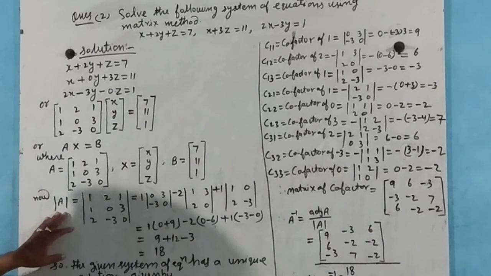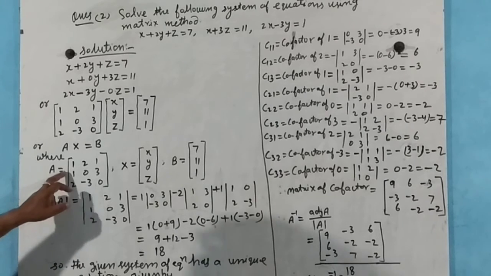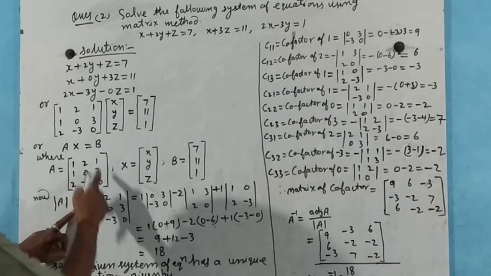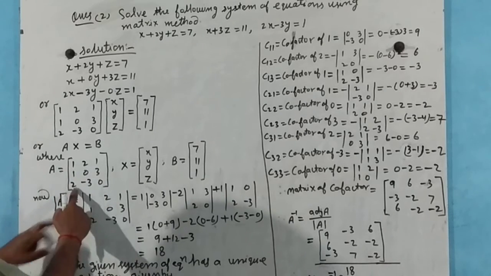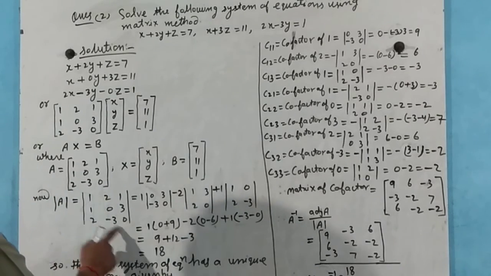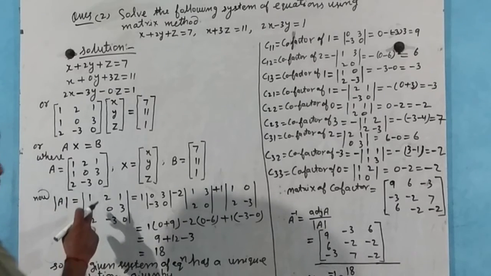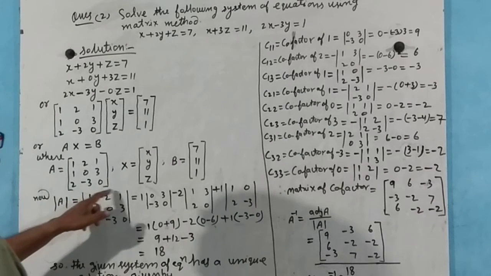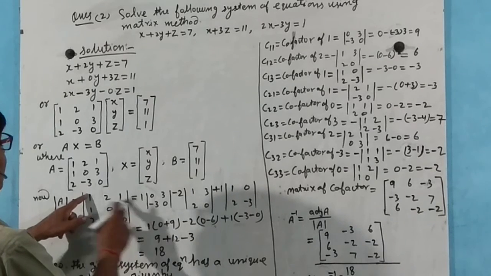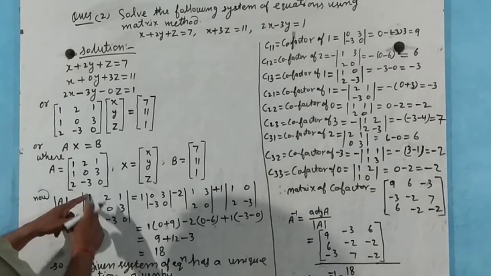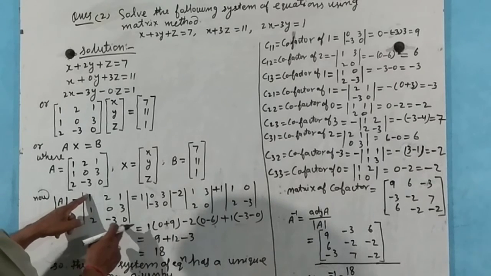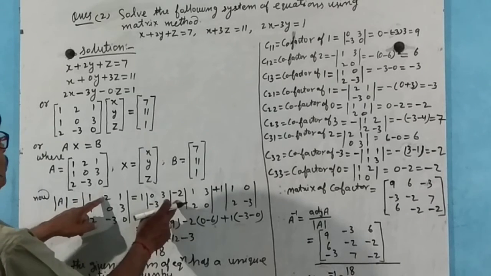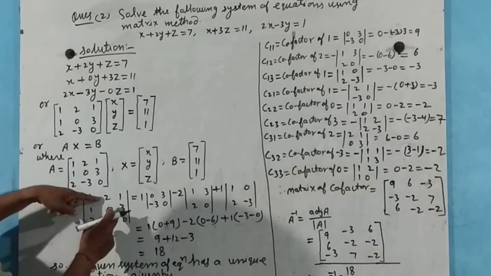Now we calculate the determinant of A. We write the elements 1 2 1, 1 0 3, 2 minus 3 0. Expand with respect to the first row, with signs plus minus plus. First, deleting this row and column, we get 0 3 and minus 3 0. Then minus 2, deleting this row and column, we get 1 3 and 2 0.